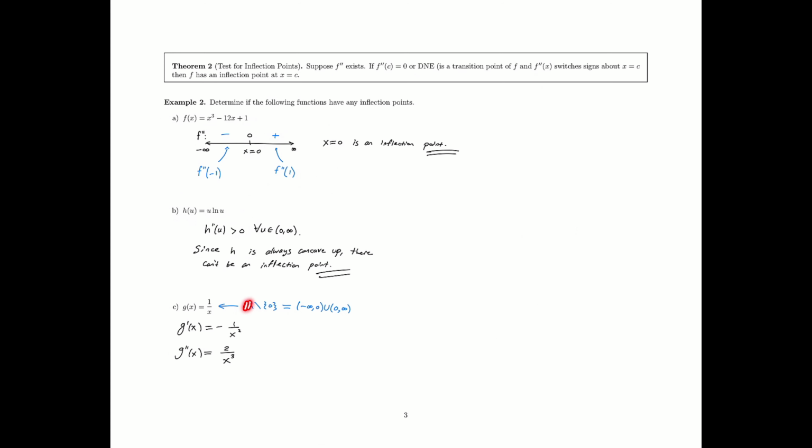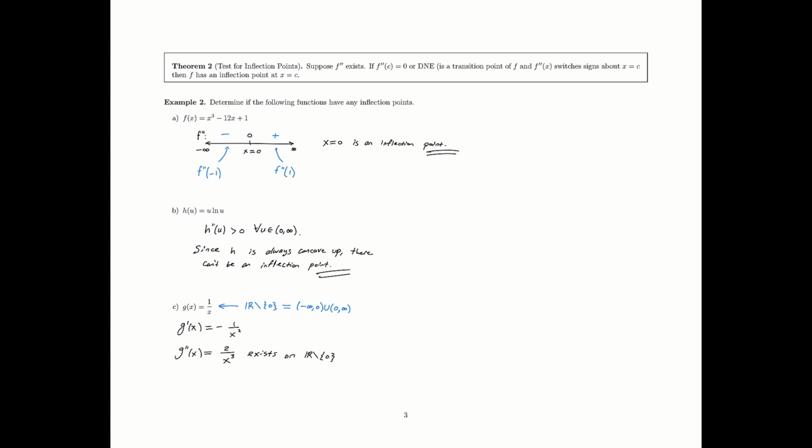This is all real numbers take away, or mod, or delete 0. So all real numbers without 0, this derivative exists. This exists on the domain of the original function.